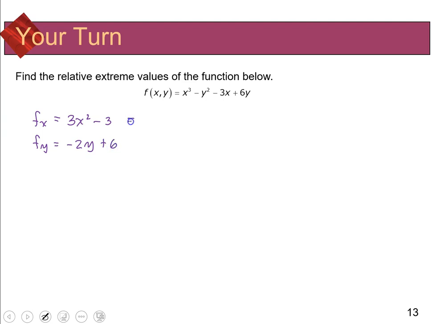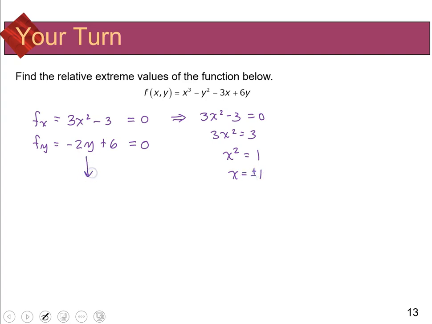Now for this case here, it's a little easier. I don't have to do a system because I actually have two equations that only have one variable in it. So in this case here, 3x squared minus 3 equals 0, which means that 3x squared equals 3, which means x squared equals 1, which means x is going to equal plus or minus 1.